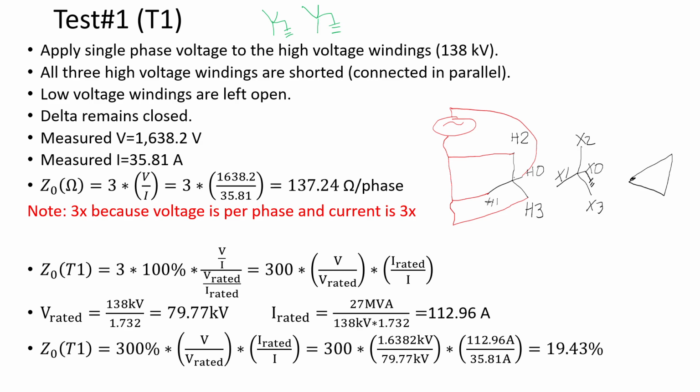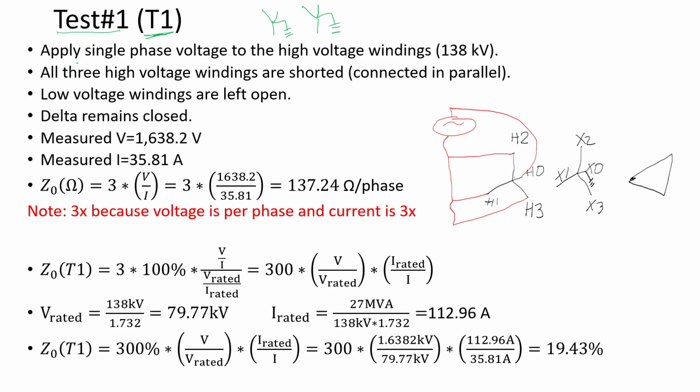That's the topic of a future video, delta grounded Y transformer zero sequence impedance. So this is test 1, and this is defined by the industry, IEEE, and so on. For me, I'm going to call it T1. So anytime you see T1 referenced, it means test 1.